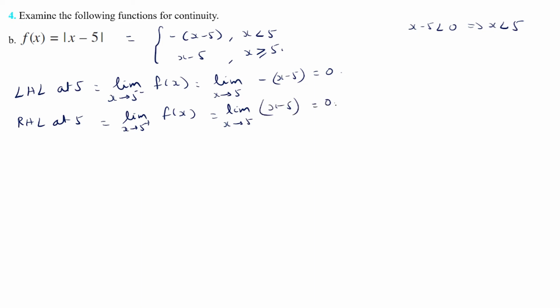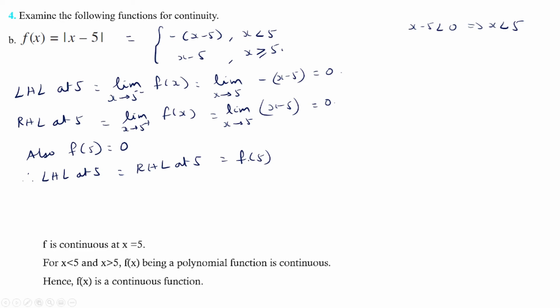This is again equal to 0. And also f of 5: when x is equal to 5, f of x is equal to x minus 5, so when we substitute x as 5, we get 5 minus 5 equal to 0. Therefore, left hand limit at 5 equal to right hand limit at 5 equal to f of 5. So from this we can see that f is continuous at x is equal to 5.